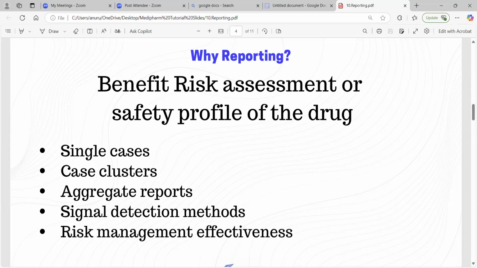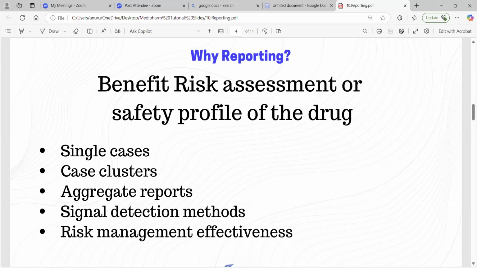It involves collecting, processing, and analyzing individual case safety reports, the ICSRs, collected from healthcare professionals, patients, and regulatory authorities to gain an overall understanding of the safety profile of the drug or that medicinal product. Now, the main objective of aggregate reporting is the detection of safety signal.